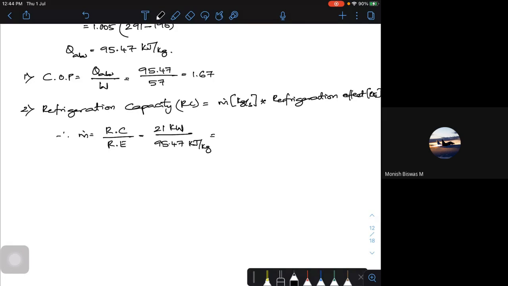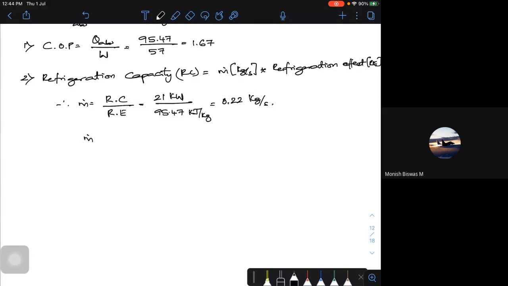I am getting roughly around 0.22 kg per second. Or if you want it in kg per minute, multiplied by 60. So it is equal to 0.22 into 60. I am getting around 13.2 kg per minute. So what they've asked in the problem statement, we are trying to do it here.